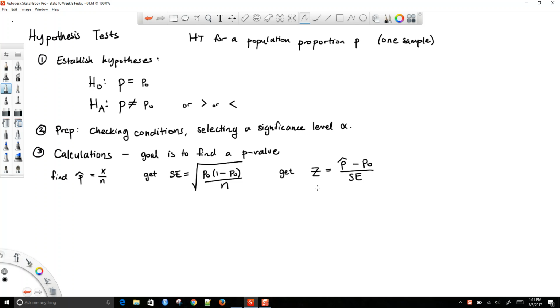So again, our goal of our calculations is to find a p-value. We plug our values into the formulas to get a z-score. Now that we have a z-score, you look up the z-score to get your p-value.